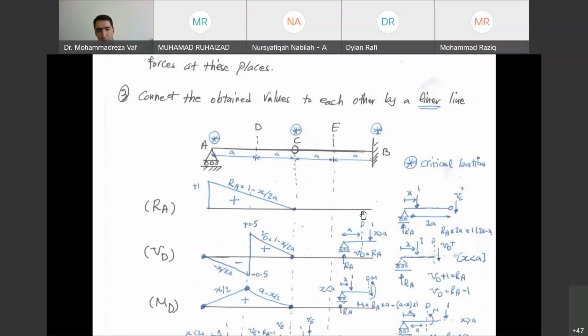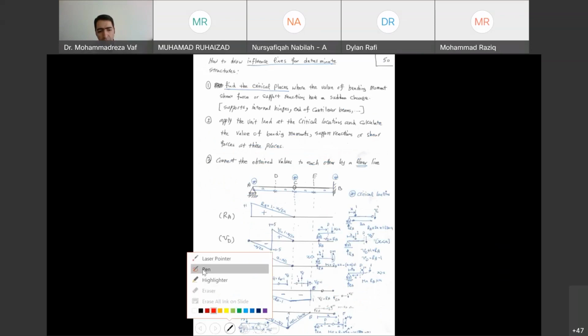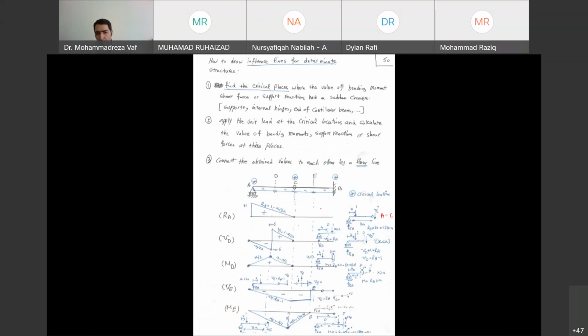If I want to draw the free body diagram for you to understand it better, the case that you see here is when the location of the load is between A and C. From A to C, this is our free body diagram. It can be any location between A and C. However, when the load passes point C, this is our hinge, this is our support, and this is RA, and the load is somewhere around here.